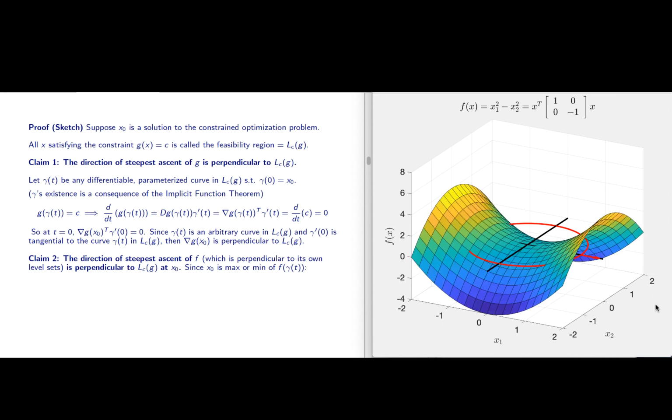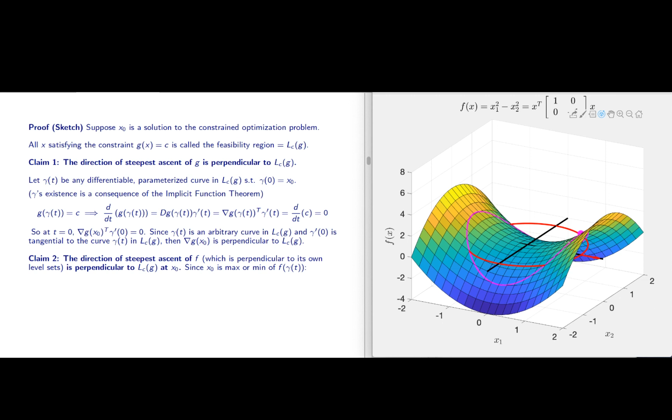So let's see if we can see what that looks like. Here we're looking at the constraint function. Let's get rid of that because this red circle is my feasibility region. Let's take a look at f, and our example f is going to be x1 squared minus x2 squared. That looks like a saddle, but of course we're only interested in this saddle when I evaluate along this red circle.